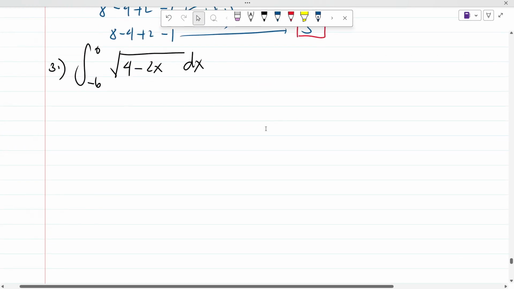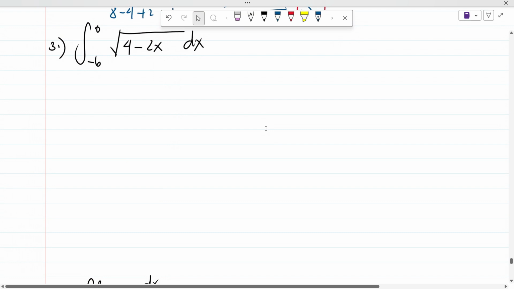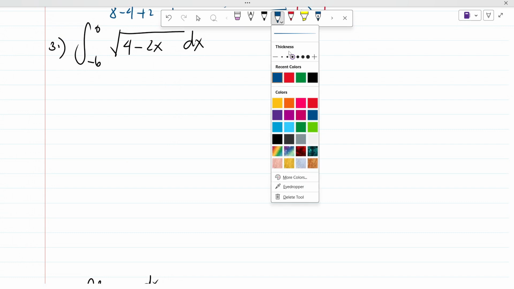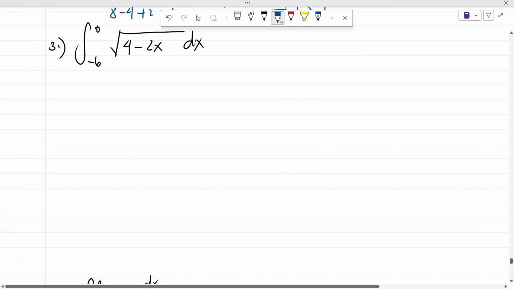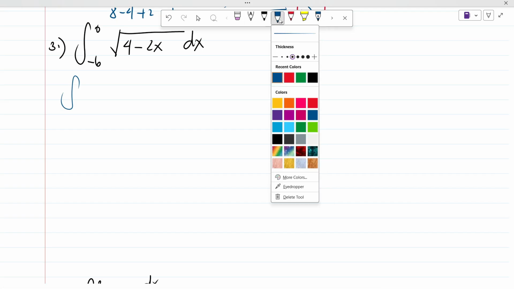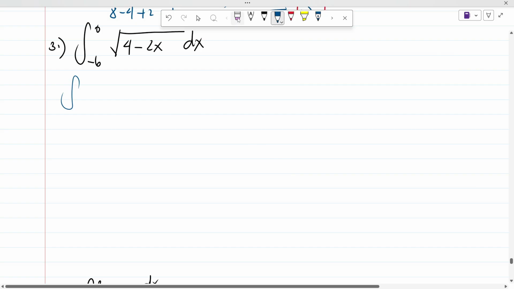Number 3. The integral of, okay, wait guys. Since this is difficult to do manually, we will use let u.